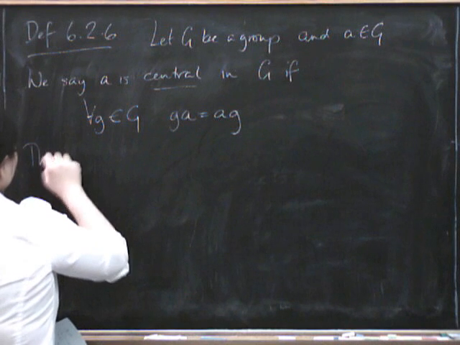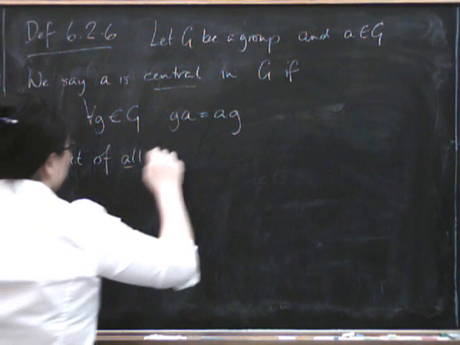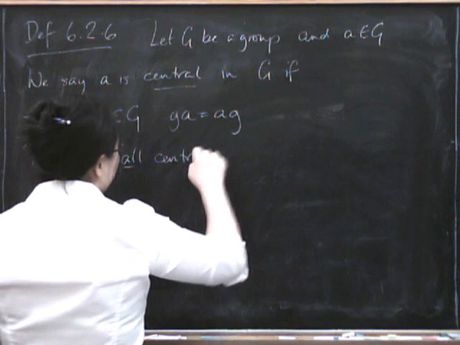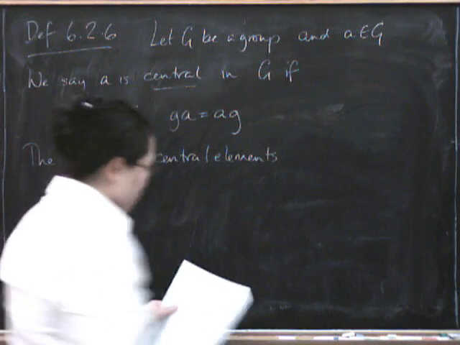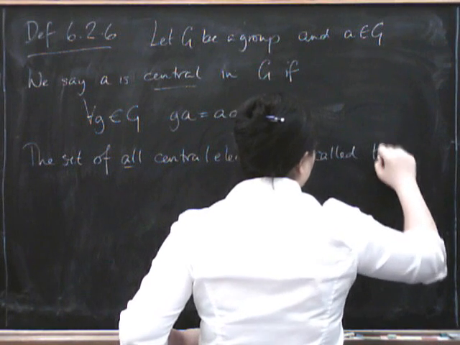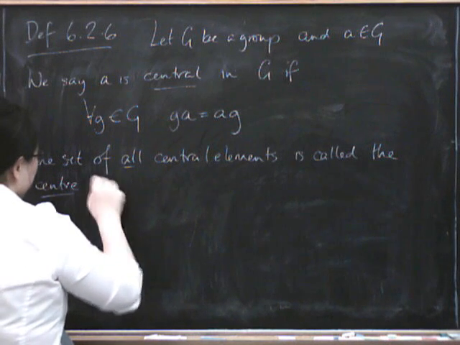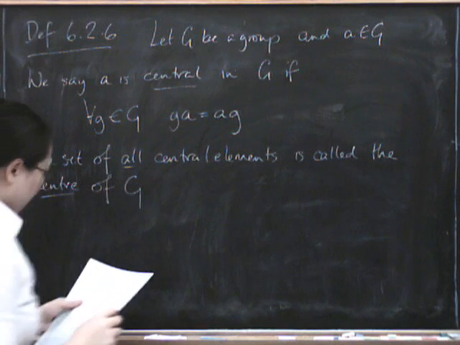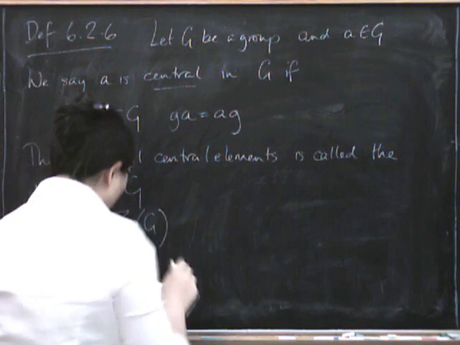And the set of all central elements is called the center of G, and it's written Z of G.